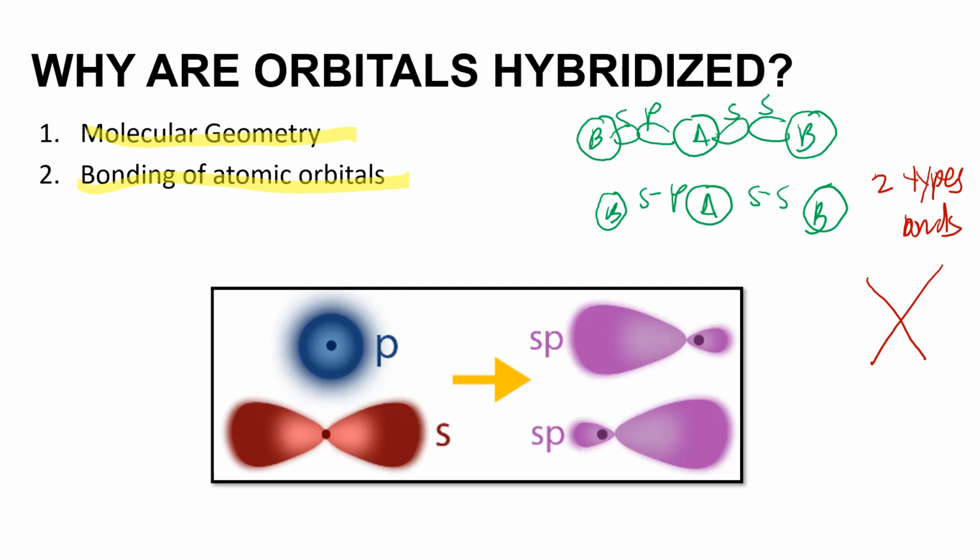Thus, to solve this issue, we'll look at hybridization of atomic orbitals, or mixture of atomic orbitals. So for A, we cannot have an s and a p separately here. We put this together as a mixture. It's already a mixture, so it is an sp, and this one is also an sp orbital.